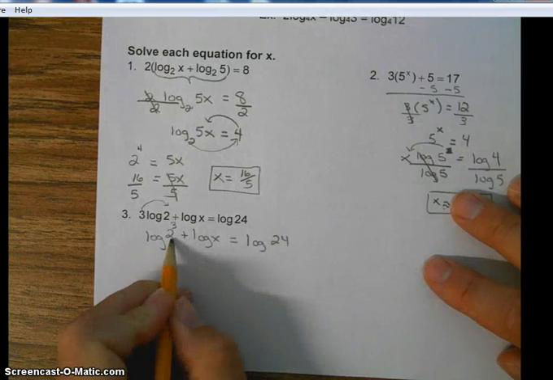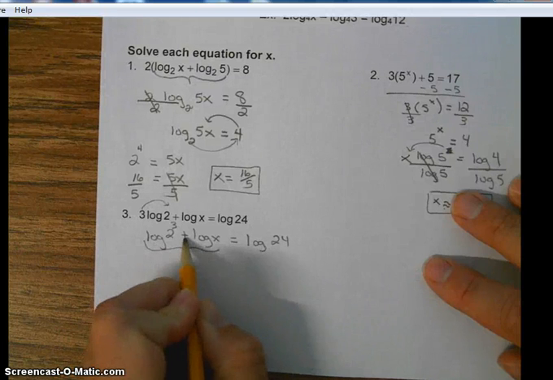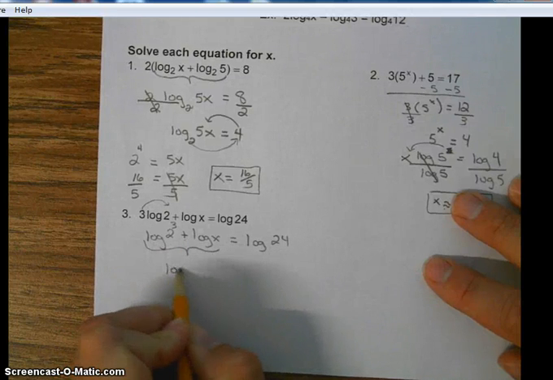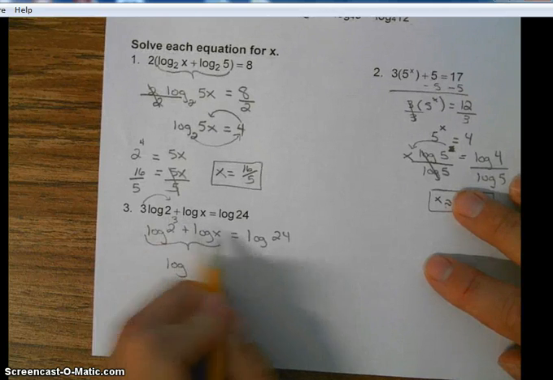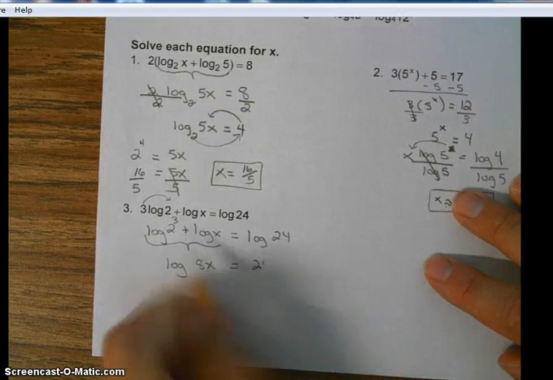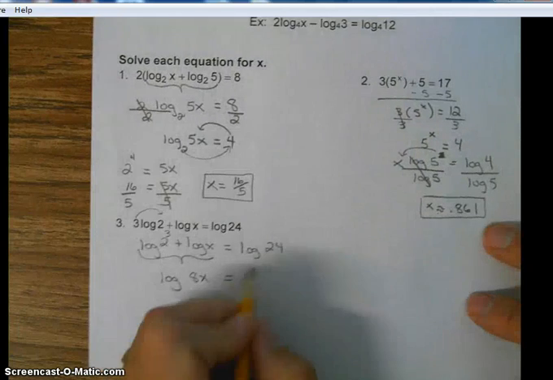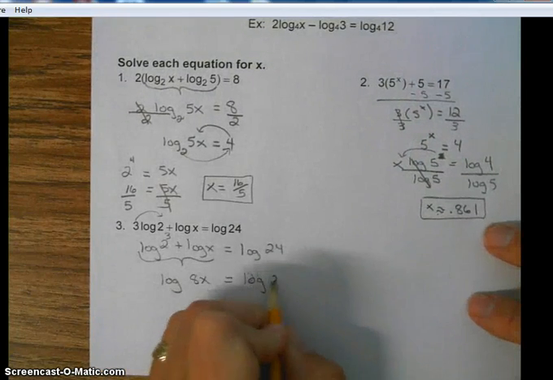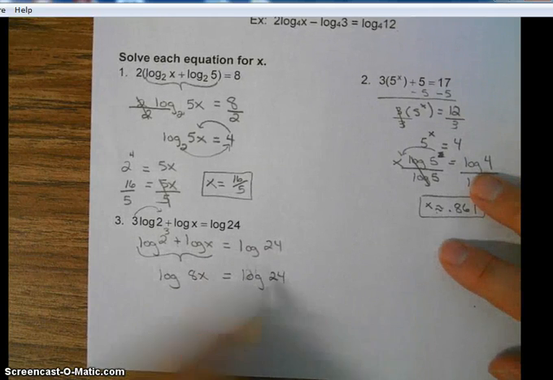Okay, continuing to simplify, we can condense these down. Adding means to multiply. So 2 cubed, which is 8. 8 times x is 8x. All right. So they're both base 10. Bases are the same.